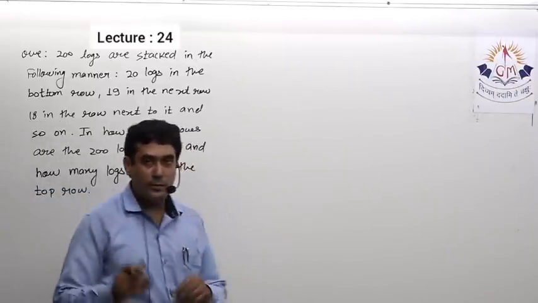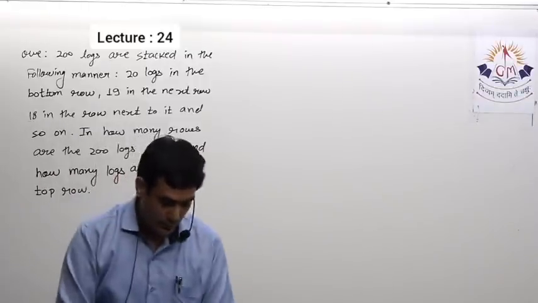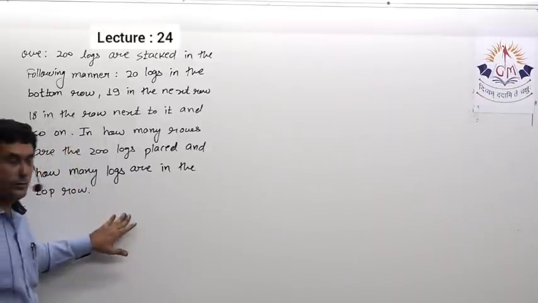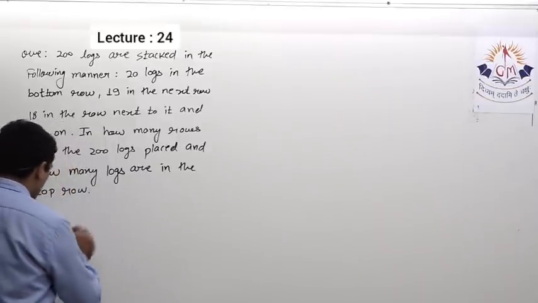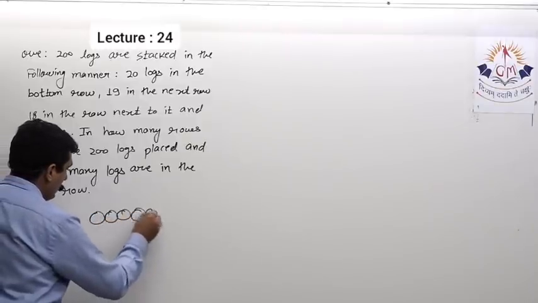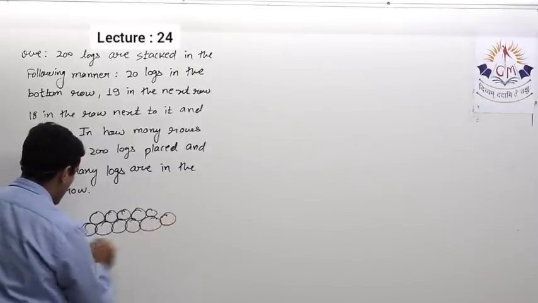Okay, so this is the question number 44 from your material. So you can see the diagram related to this from that only. It looks something like this. I'm giving you a rough diagram over here. These are the logs placed in such a way.